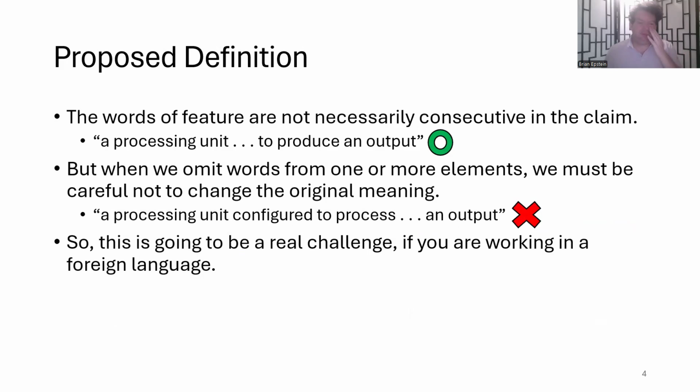So the words of a feature are not necessarily consecutive in the claim, as we saw. So, for example, a processing unit to produce an output is a completely fine feature. Why do I write it this way? It helps focus the examiner's attention, or a court's attention, on a particular aspect.